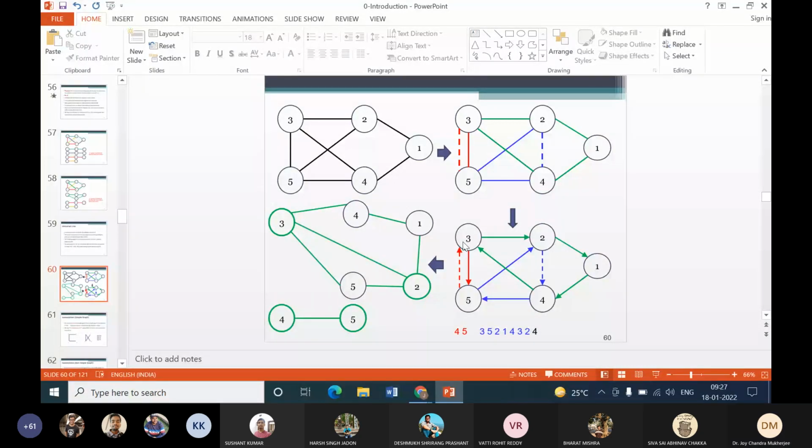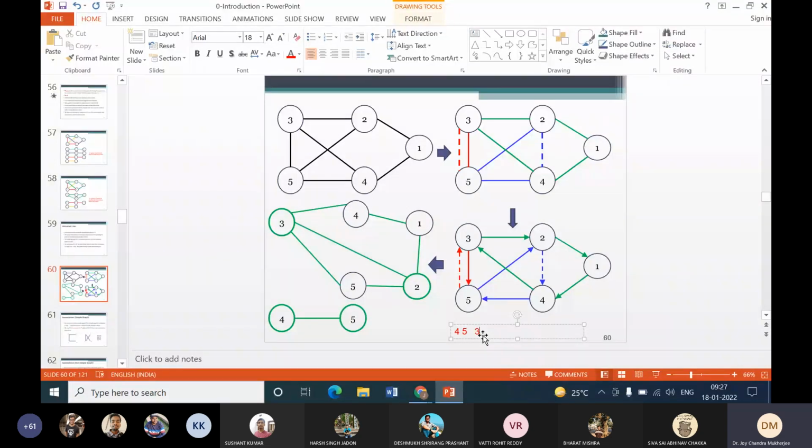I can continue with the blue cycle or I can go to the red cycle. So I will always go to the red cycle. So from 4, 5, I will go first to 3.